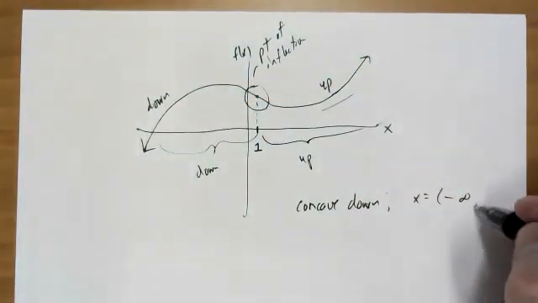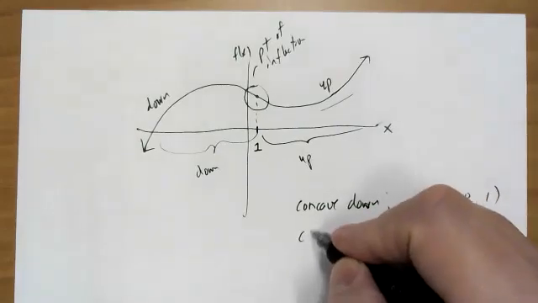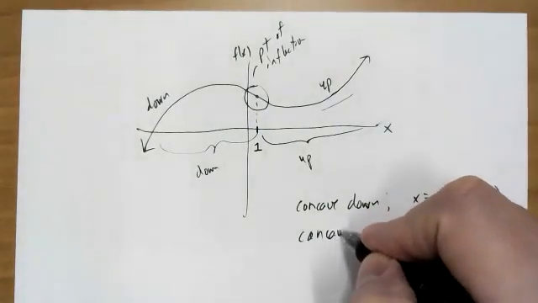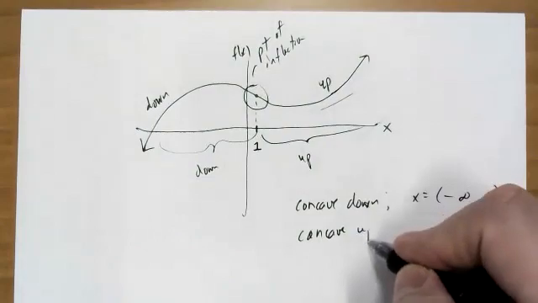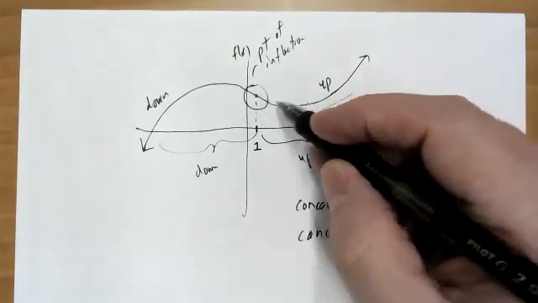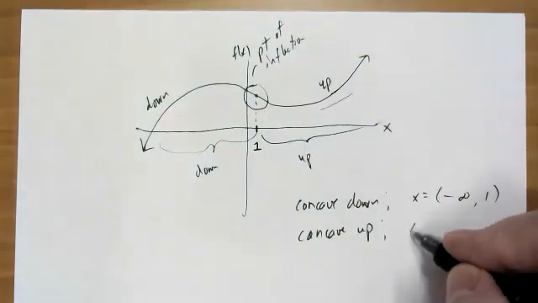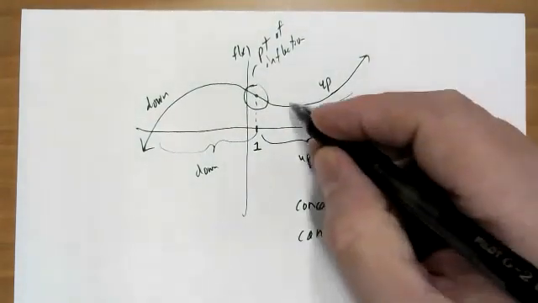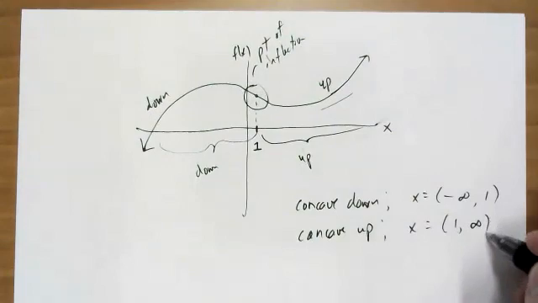That's where it's concave down. And it's concave up where it's like a bowl. Well, it starts at 1, when x is 1, and it goes to infinity.